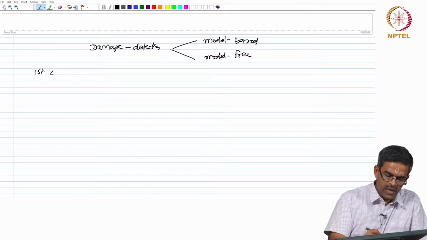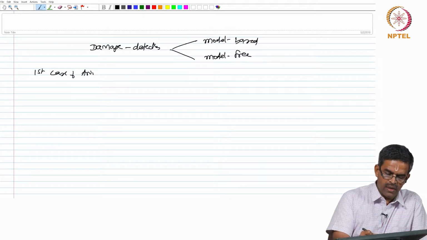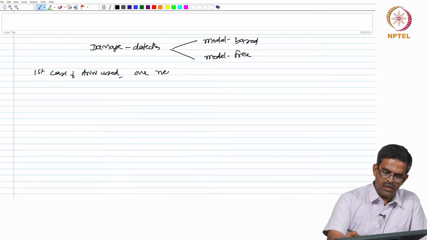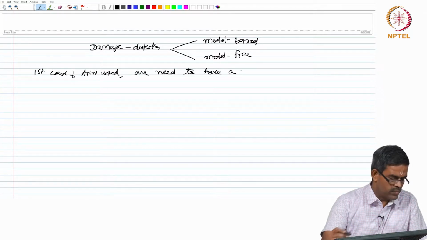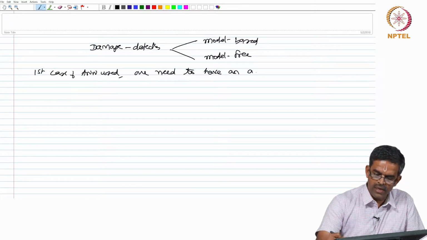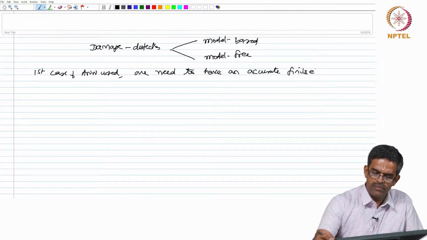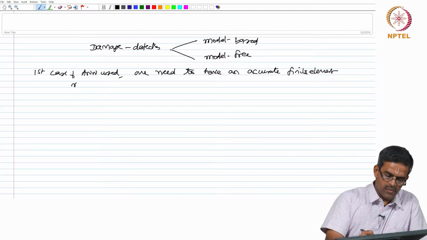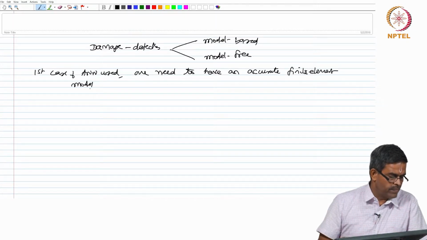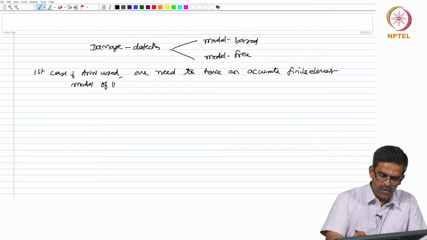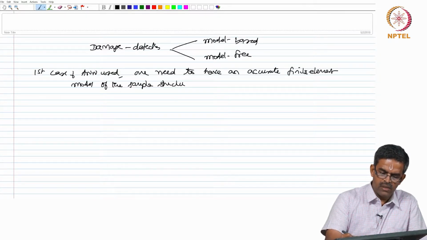In the first case of ANN used, one needs to have a computational model, in fact an accurate finite element model of the sample structure. In our case, it is a railway bridge.